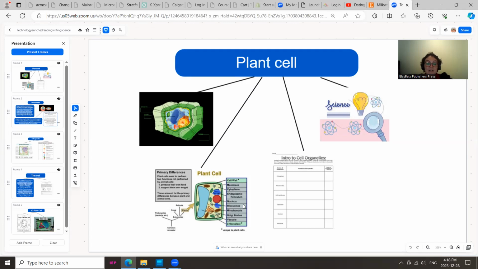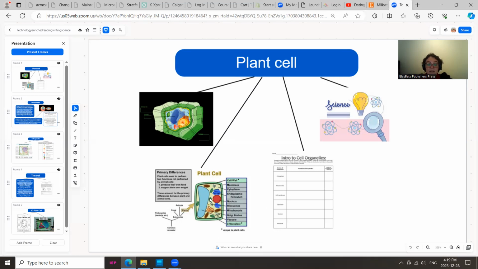The named organelles of the plant cell include the cell wall, which surrounds itself, the membrane, cytoplasm, endoplasmic reticulum. Endoplasmic reticulum is the wavy, gooey, gunky, icky stuff.